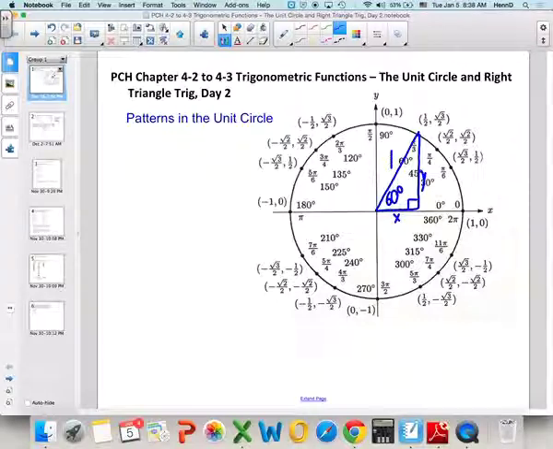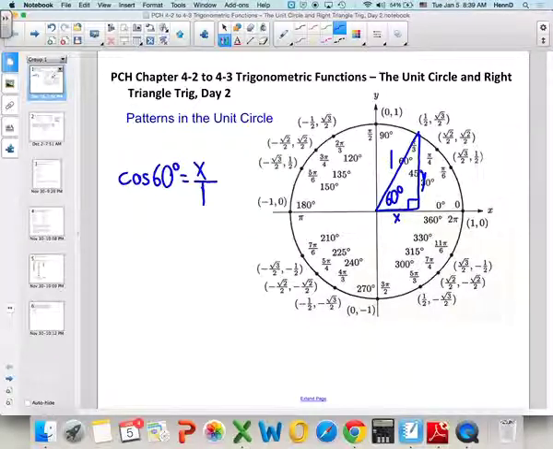So you could figure out the x coordinate by using which trig function of 60? Cosine. So cosine of 60 degrees would equal adjacent x over the hypotenuse 1.